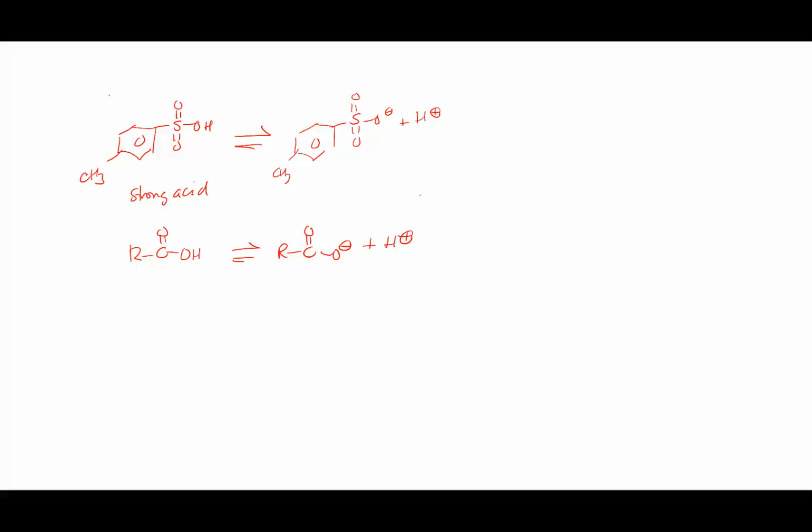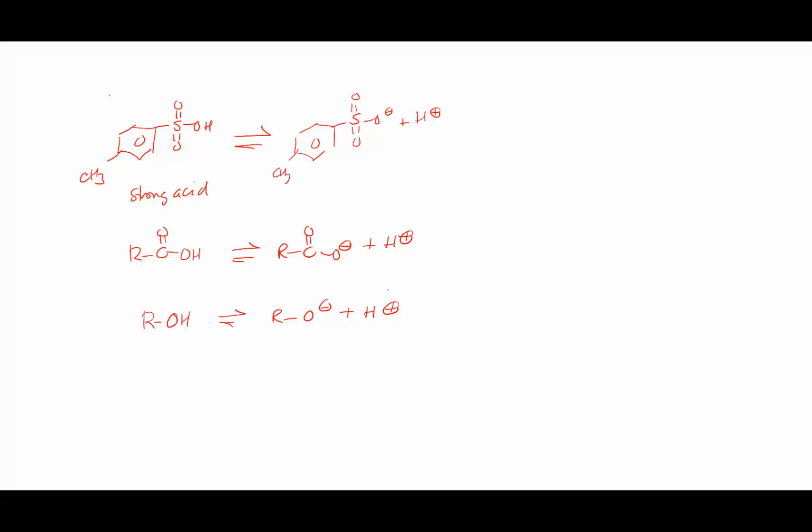And a carboxylic acid is an even stronger acid than something like an alcohol. So if I look at these three examples, we get to stronger acid as we move up these examples, so the sulfonic acid at the top is the strongest acid.